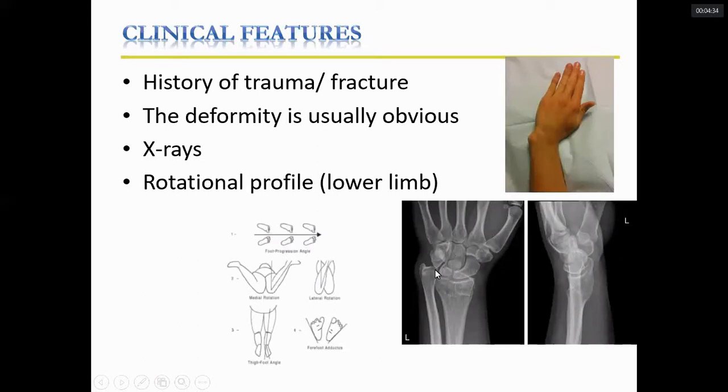In the X-ray, if you remember the distal radius, the articular surface of the radius is usually around 1 centimeter above that of the articular surface of the ulna. Here it has collapsed. So we will take X-rays and a rotational profile. We will shortly talk about the rotational profile in the subsequent slides.